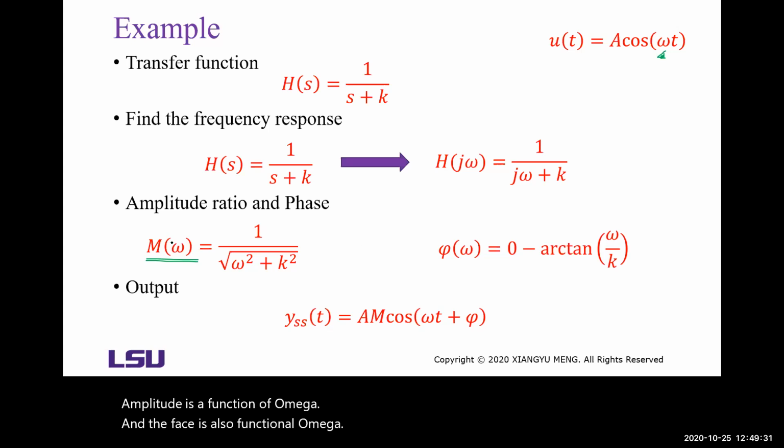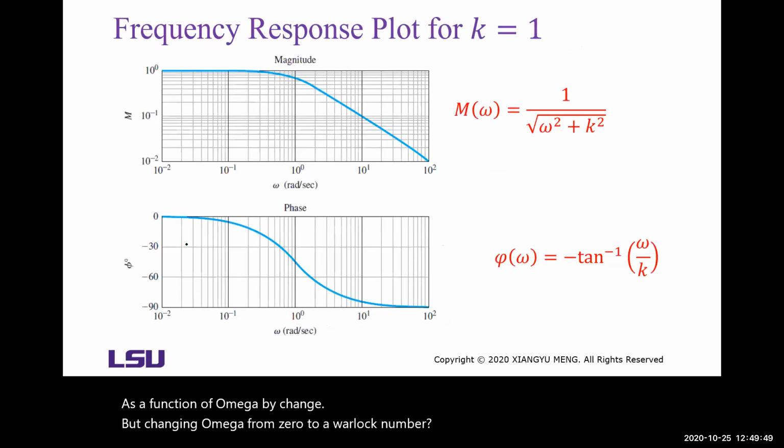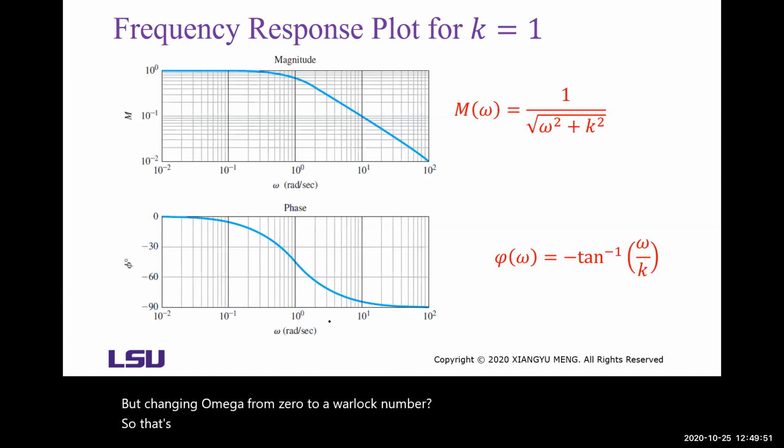Sometimes we can plot M(ω) and φ(ω) as functions of ω by changing ω from 0 to a very large number. So that's the plot here. If we take k as 1, M(ω) is a function of ω, and φ(ω) is a function of ω.